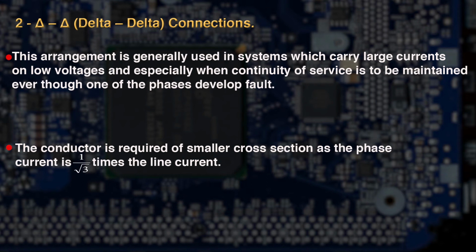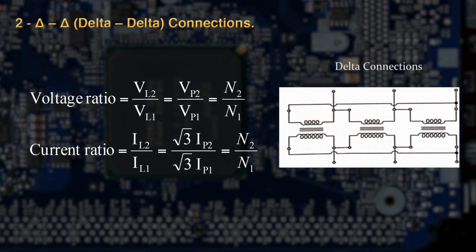So in case of this delta-delta connection, you can write the voltage ratio is equal to VL2 upon VL1 is equal to VP2 upon VP1, because line voltage is equal to phase voltage, which can also be written as equal to N2 upon N1.